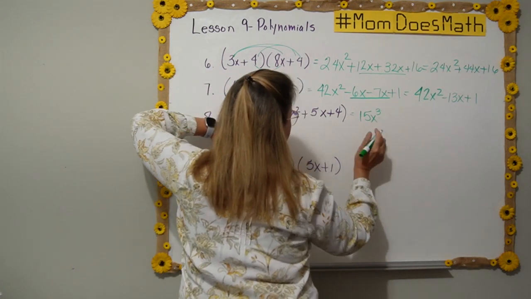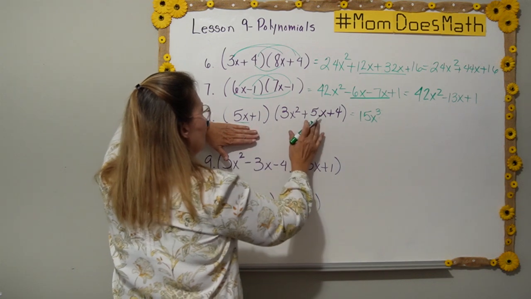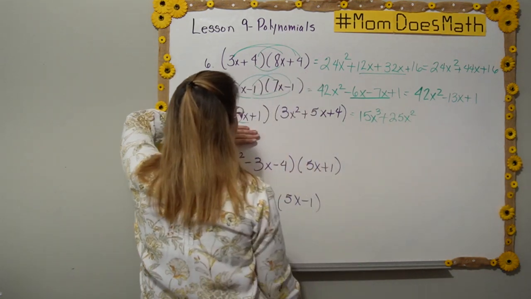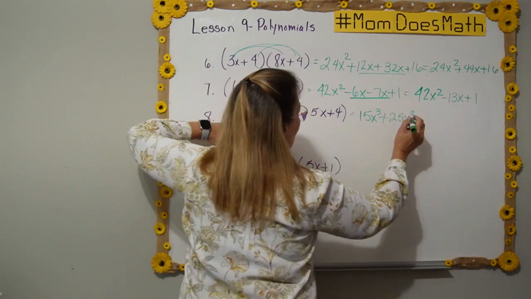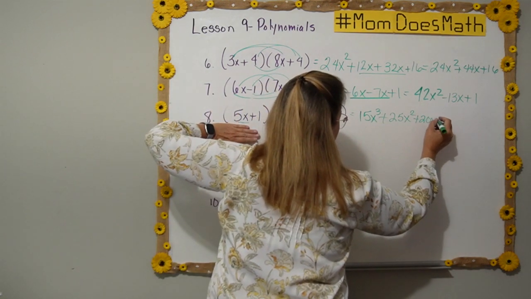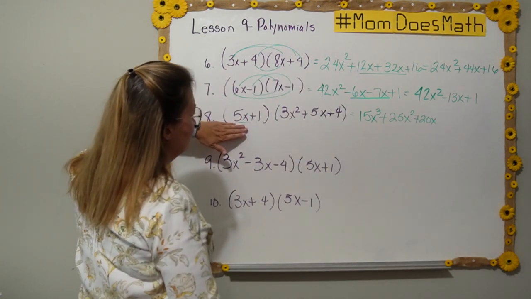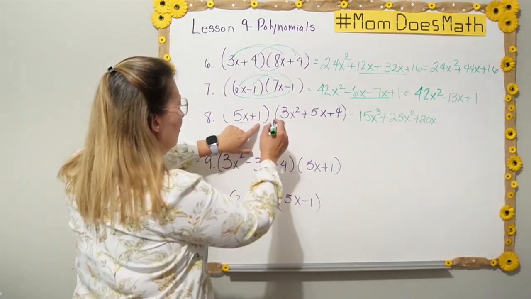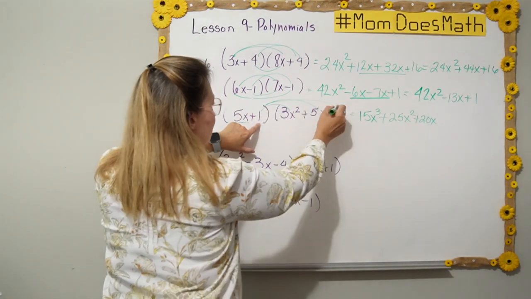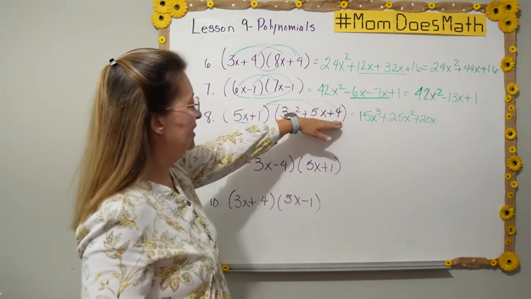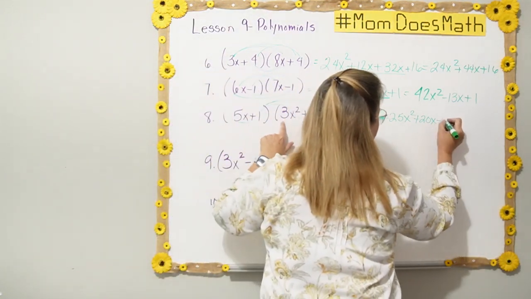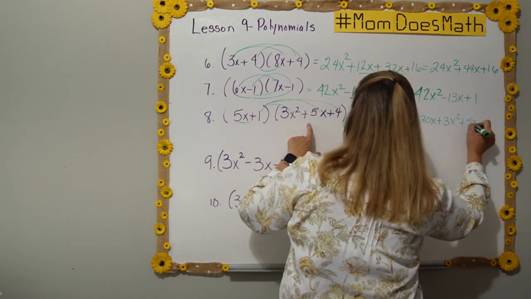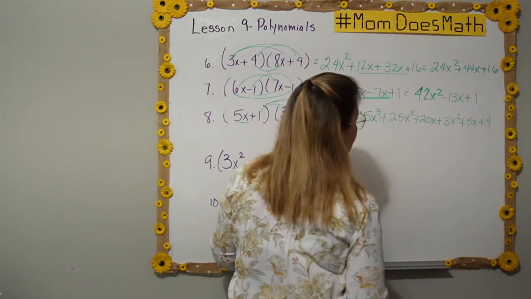It didn't take me long to mess up, all right? 5x times 5x is 25x to the second, and 5x times 4 is plus 20x. All right, that takes care of 5x times all that. Now let's do 1. Well, when you multiply 1 times all of those, it's just going to be this. So let's just say that's going to be plus 3x squared plus 5x plus 4.